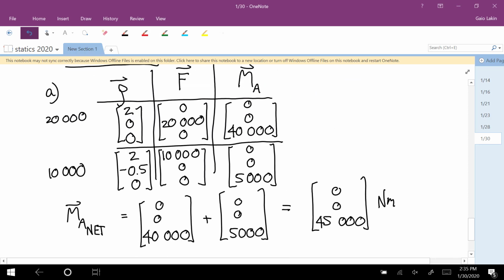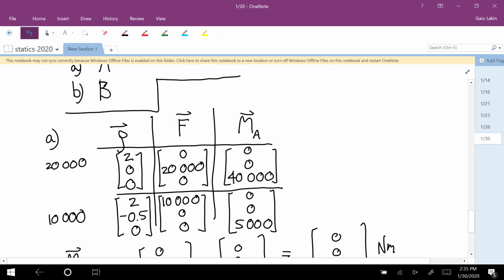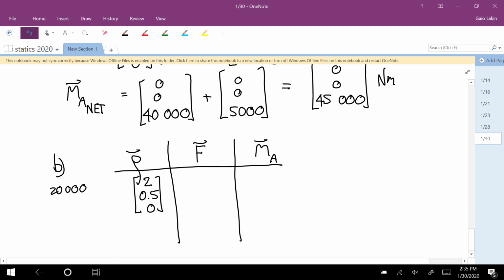And then the force vector, that doesn't change from before. That's still 0, 20,000, 0. And so the moment, if you take that cross product, is 0, 0, positive 40,000.